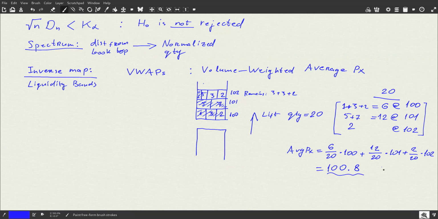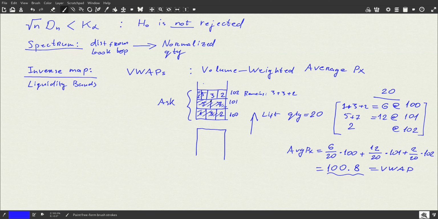And this is indeed VWAP. It is a volume weighted average price on the ask side for a given quantity. So to compute the VWAP, you consider the corresponding side of the order book and imagine that an aggressor is going to aggressively acquire the corresponding quantity.